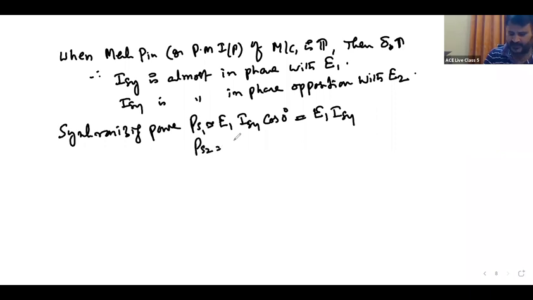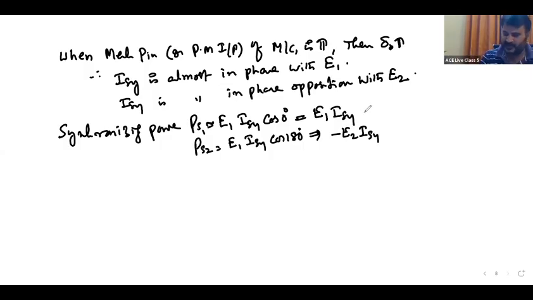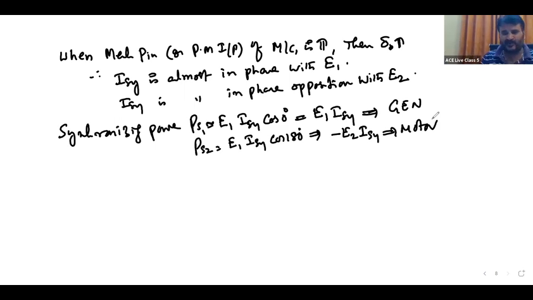Similarly, PS2 is equal to E2 into ISY cos 180. Cos 180 means minus E2 into ISY. So the power is negative. The first machine power is positive. Power positive means it acts as a generator. But this acts as a motor. Power is negative, it is taking the power, but the first is giving the power. First machine acts as a generator, second machine acts as a motor.